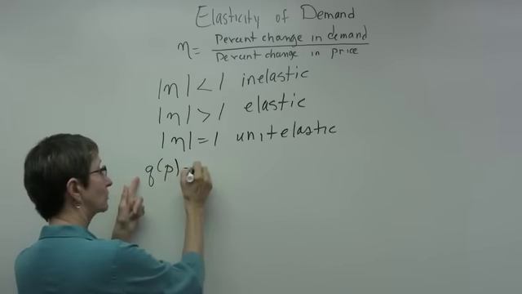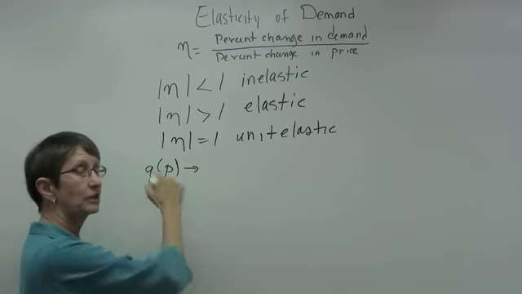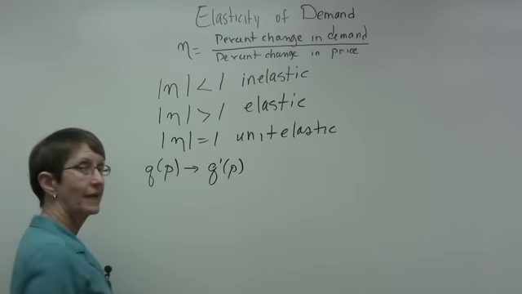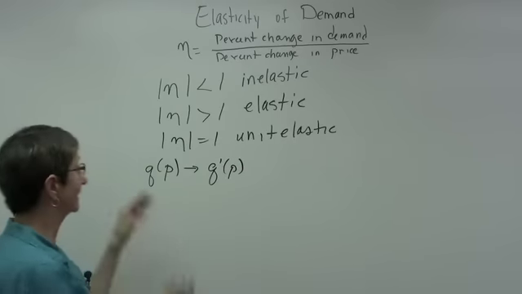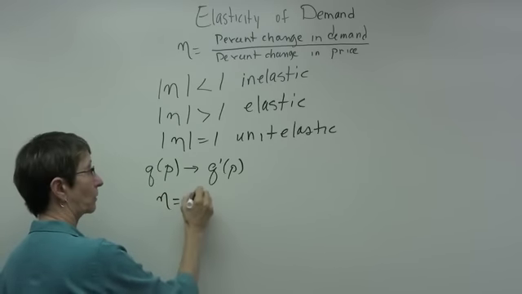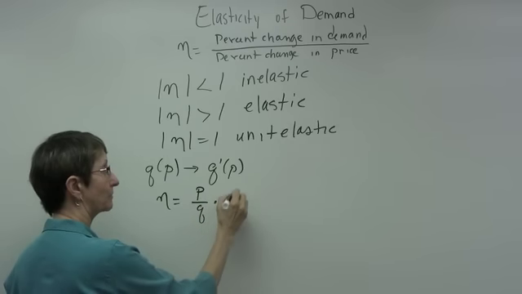So if we take the derivative of this, that is our rate of change, the derivative of a function named Q is Q prime. And the formula for elasticity, if this is the way the function is given, is eta equals P over Q times Q prime.